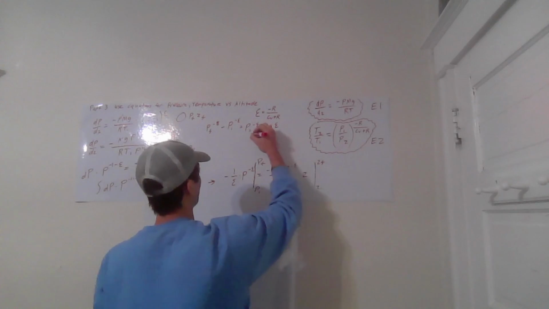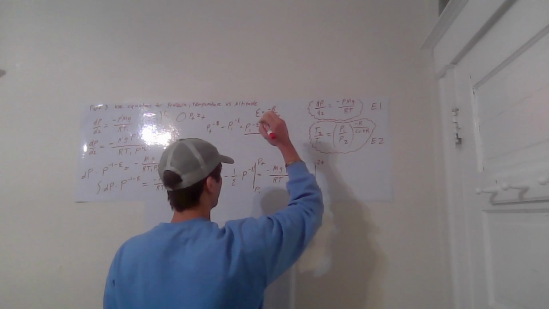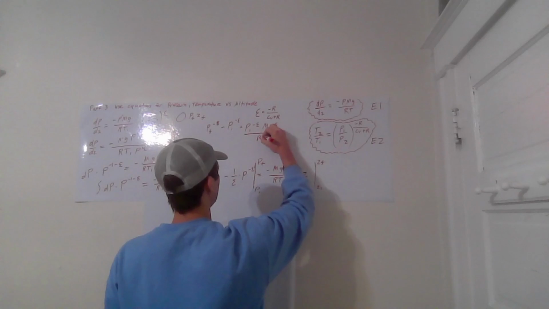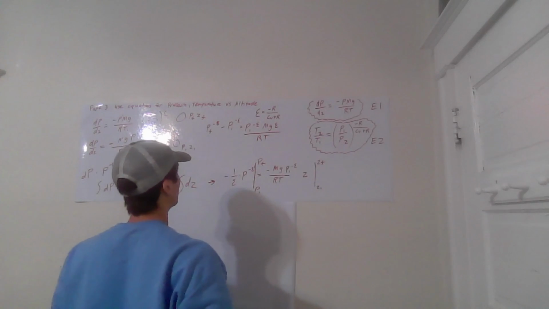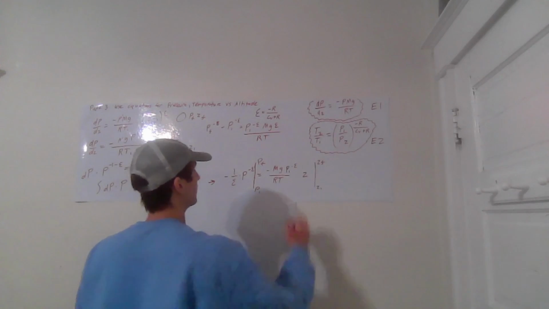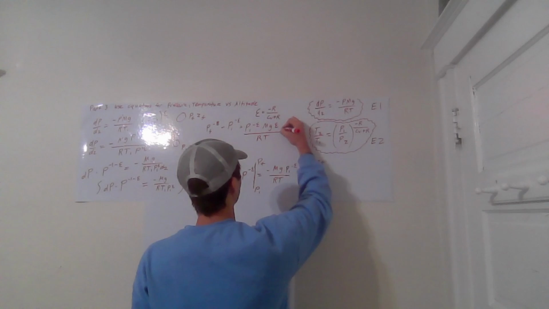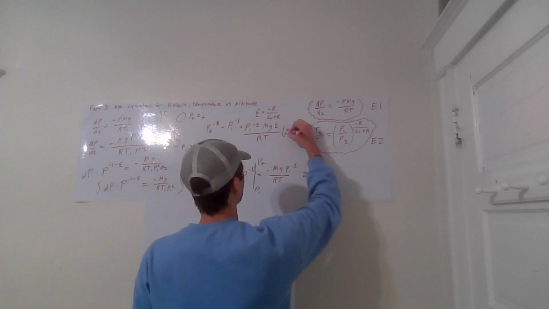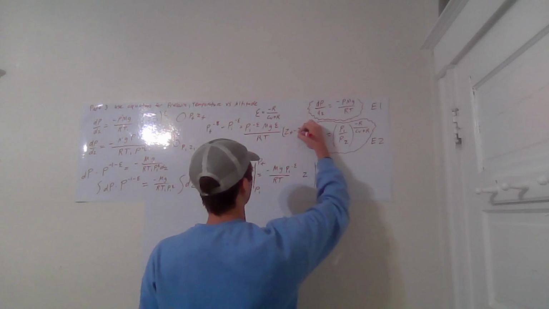So that's why this is now positive. All over RT, and this is going to be multiplied by Z final minus our Z initial.